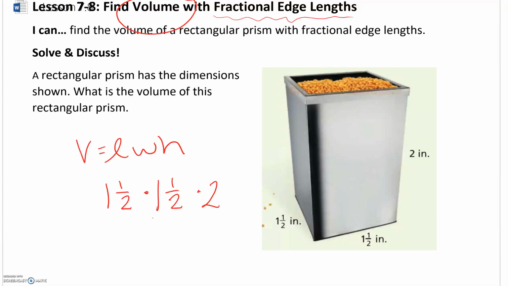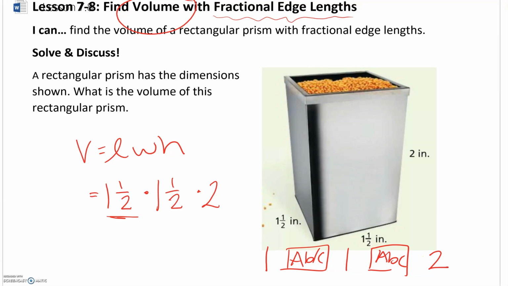Now, one thing that I will stress is that if I start with fractions, then my answer better have fractions in it. So if I have 1.5 times 1.5 times 2, you guys can use your calculators to help you with this. Remember, in those scientific calculators, we have that ABC button that you can type in there. So that would be like 1, ABC, 1, ABC, 2.